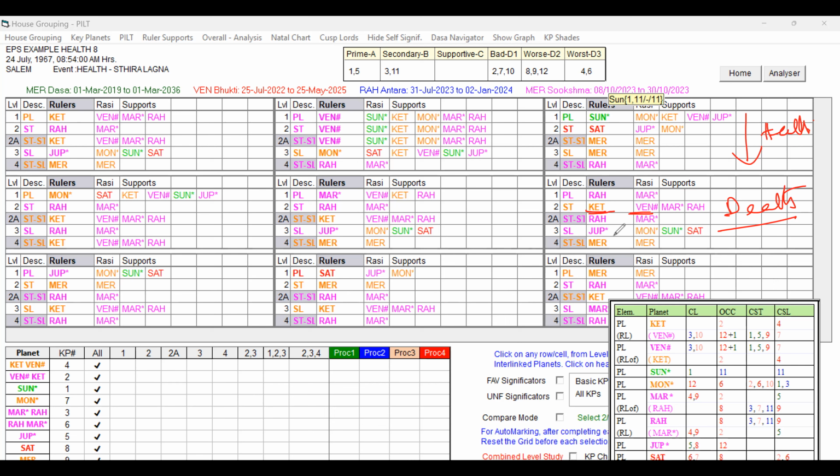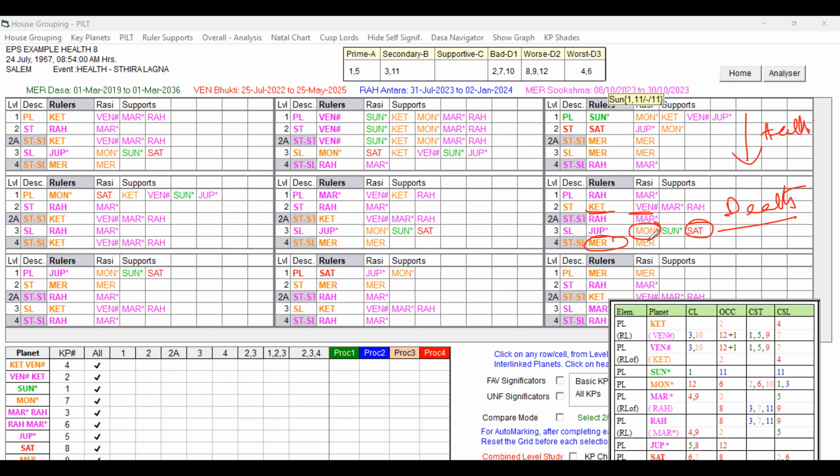And of course, Jupiter is 8 and 12, but supported by the Moon, Saturn and Mercury, right? So these are the planets making those unfavorable significations to the Bhukti Lord. So during that Rahu period, which antra put that native into a coma and finally into death?